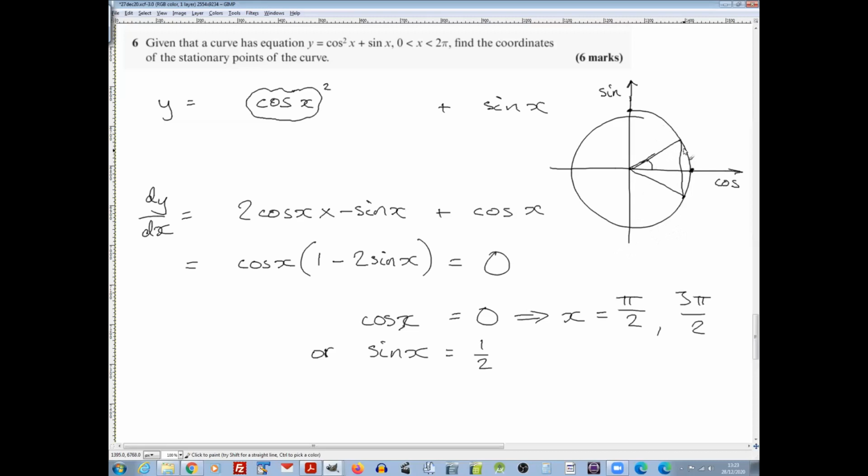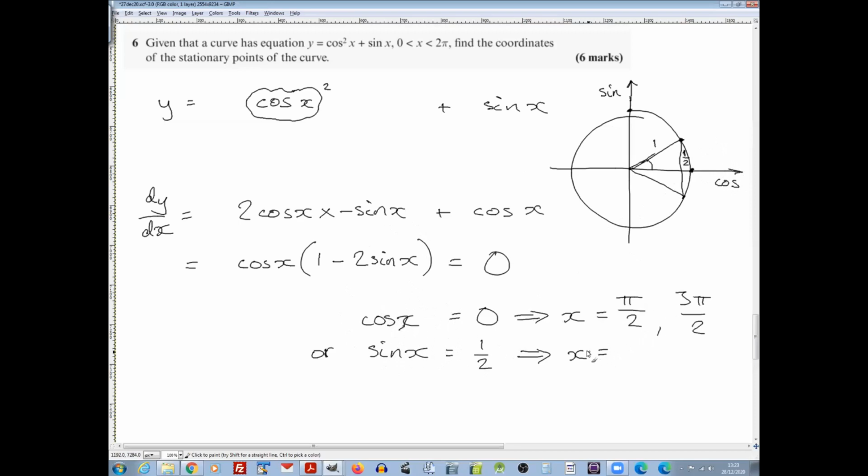The y value here is a half if that's 1 because it's got to be a half of whatever the hypotenuse is, the radius. So okay. Really make the unit circle your friend, and then you see that if sine x is a half, then we're either here on the circle, in which case x equals, x being the angle here. Yeah, it would be neater if they'd used theta.